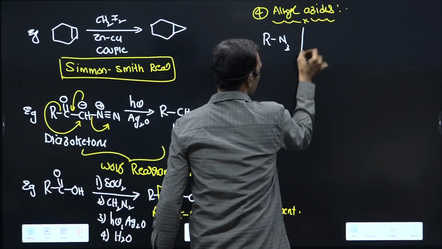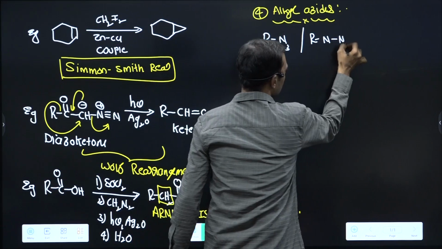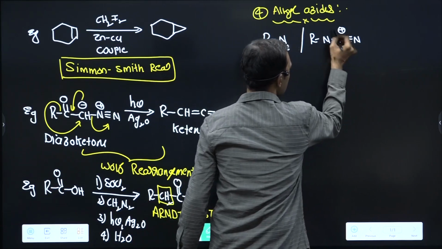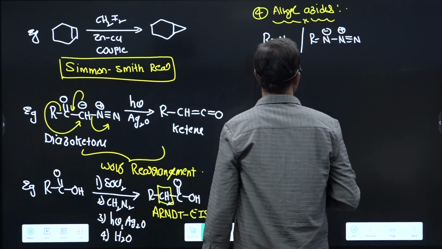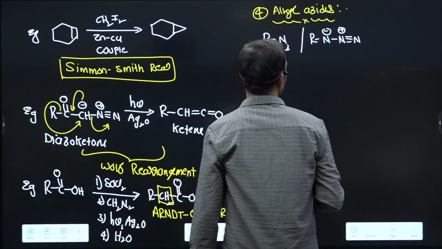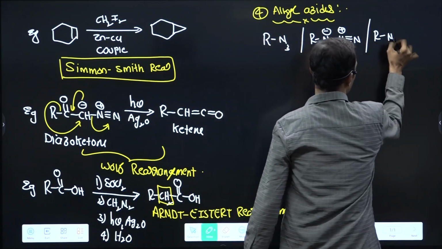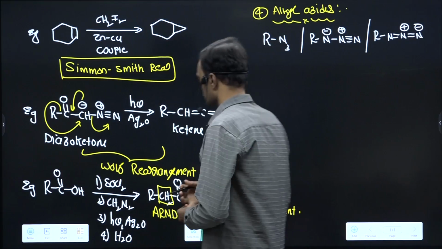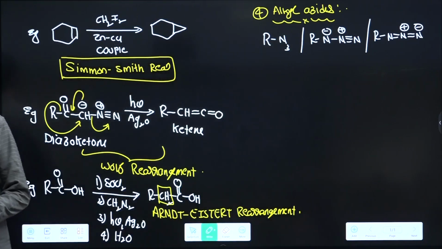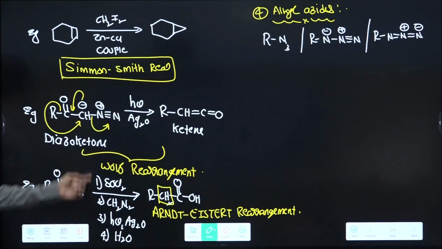So this we can also write like this: here plus, here it is minus. This is called alkyl azide. R N3, R N minus, nitrogen, nitrogen triple bond. Alkyl azide. You need to remember these names.